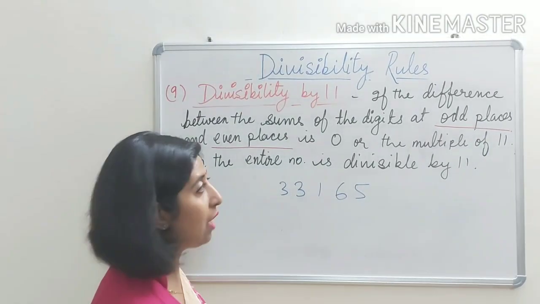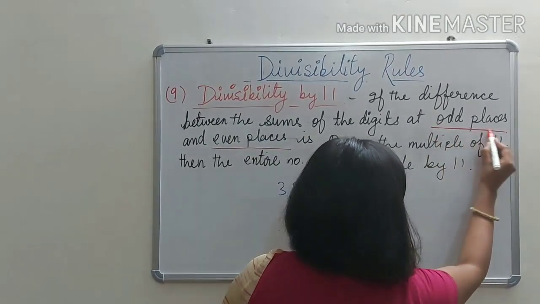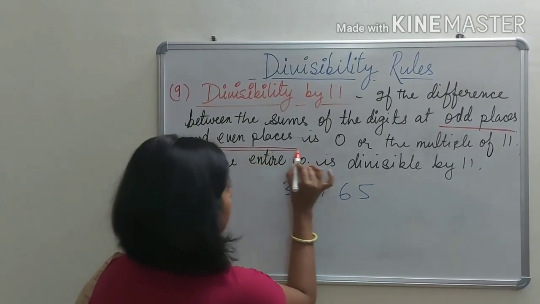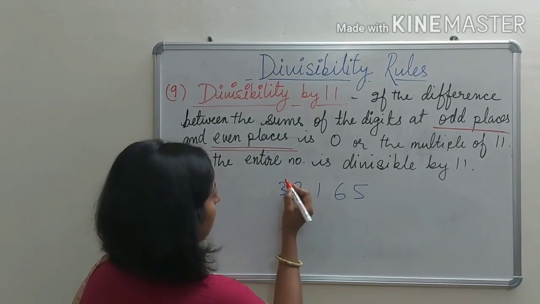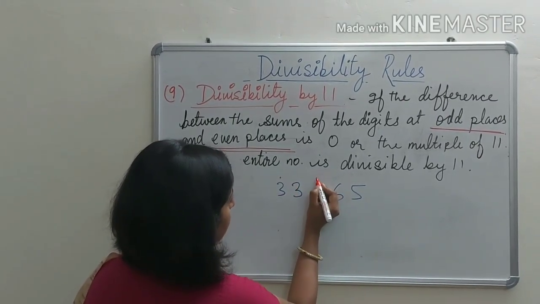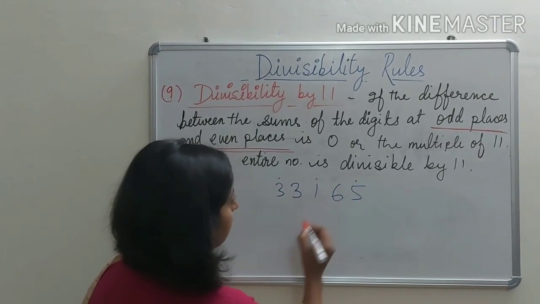For this, we have to understand what is this odd place and what is this even place. Now, I am marking some digits here like first digit, third digit and fifth digit.